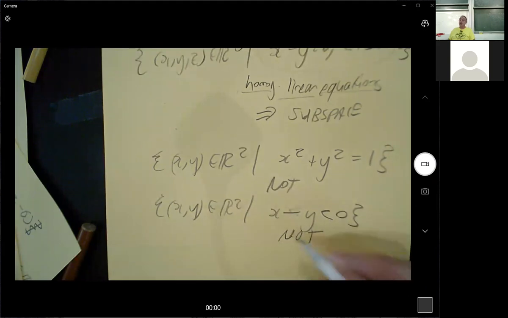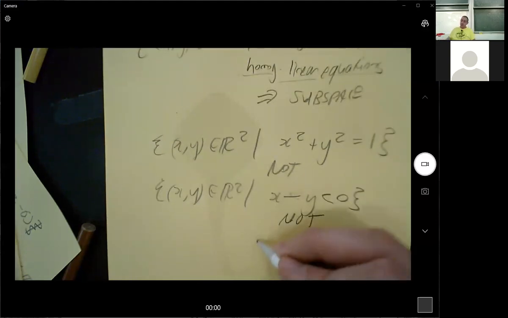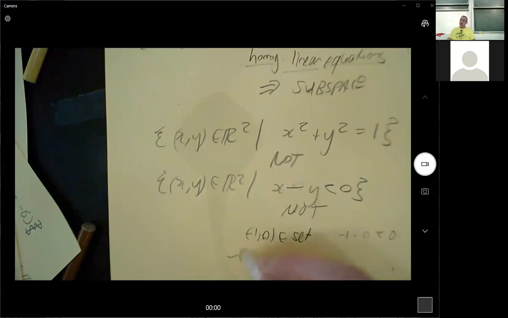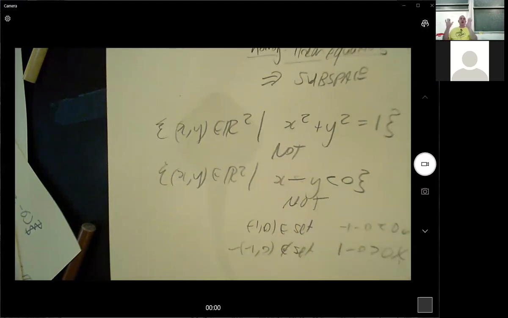And I know it's not because I could actually pick some numbers. I could say minus 1, 0 is in this set because minus 1, minus 0 is less than 0. But 1, 0 is not in the set because the x-coordinate is 1 and it's greater than 0. Yay. Okay.